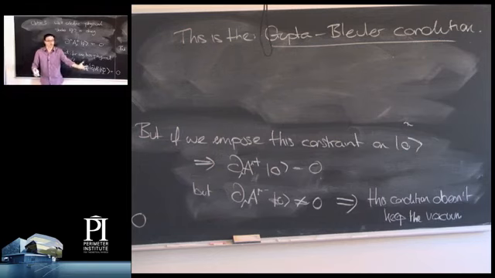Impose the constraint as an operator condition, impose the operator condition on states, or finally, which is clearly weaker, impose that the particular operator, which is the constraint, has vanishing matrix elements on what we want to call physical states. It turns out that it's this weaker condition that's the right thing to do. The weakest thing you could possibly do is the right thing to do to get a sensible theory.